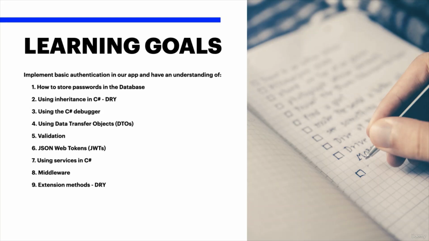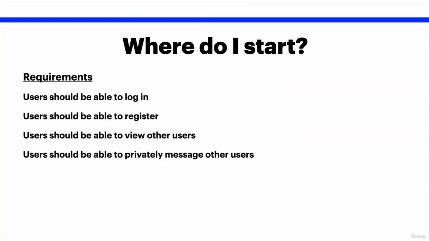But first of all, sometimes you might be thinking, I've got an idea for an application, but where do I actually start? Well, you typically start with the requirements. What should your application actually do? Now, we know we're building some sort of social dating app.